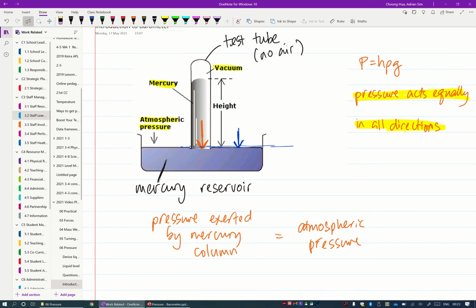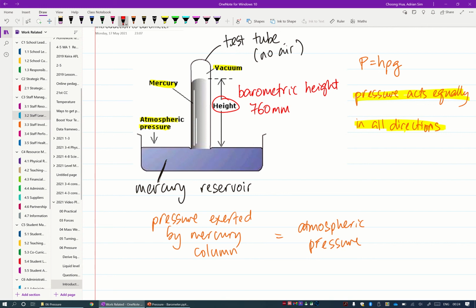Now let's come back to the barometer again. The mercury column will rise to a certain height, and this height, when the space above this column is vacuum, is also known as the barometric height. And this barometric height has a particular value, approximately 760 millimeters, depending on the location on Earth, and also depending on whether you are high on a mountain or underwater, or whether you're at sea level.